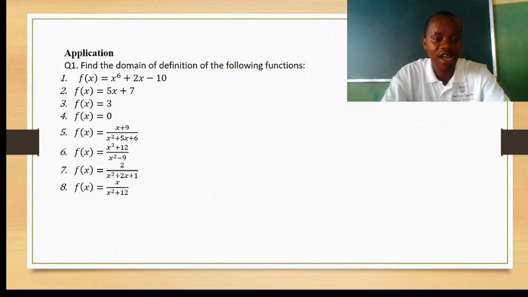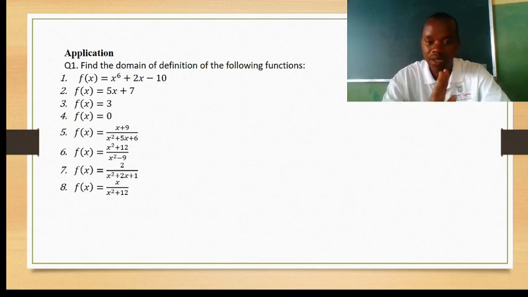For number 5, the domain of definition will be the set of all real numbers except the numbers which make the denominator equal to 0. I think for this function number 5, we have found that the numbers -3 and -2 are the ones that make the denominator equal to 0.